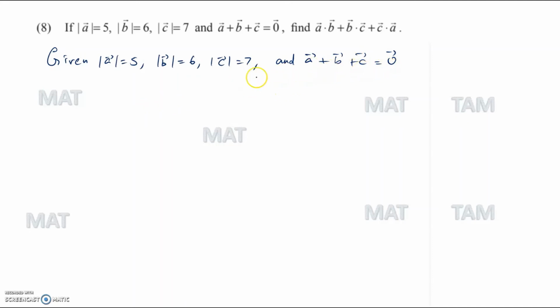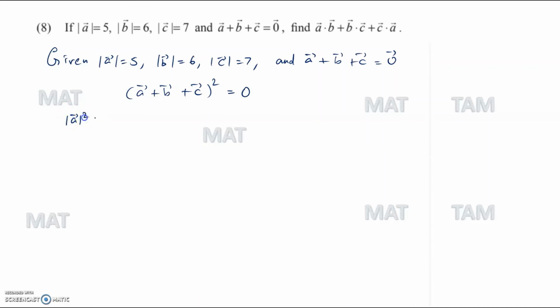So let's take this and let's square it. So A vector plus B vector plus C vector squared is equal to 0. Therefore, expanding this, we know that A squared vector is the same as magnitude of A squared.